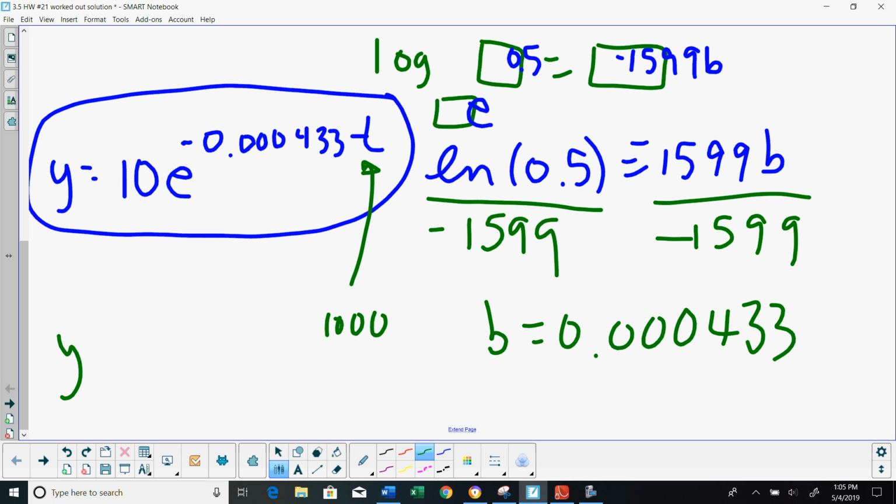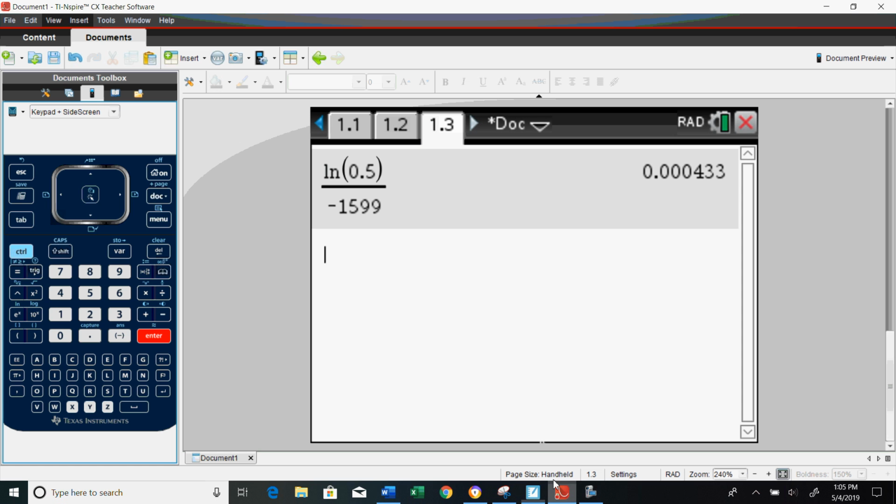So I really need to do y equals 10 times e to the negative 0.000433 times 1,000. Let's grab the calculator to do this. I want 10 times, using my e to the x button, negative 0.000433 times 1,000, and I'm getting approximately 6.5.